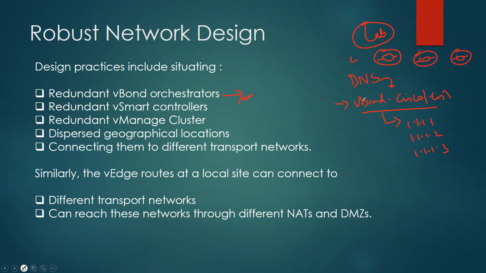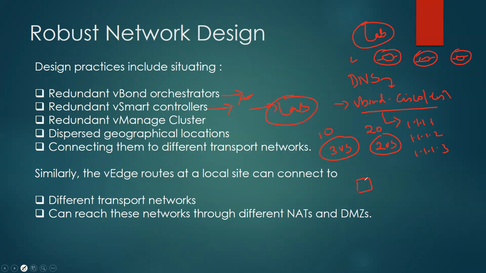Now for vSmart, and this is important, we are going to perform a lab as well. For vSmart controllers, you can group vSmarts inside different groups or group IDs. So in one group ID, suppose the group ID is 10, I may have 3 vSmarts here, and then group ID 20, I may have 2 vSmarts here, right?